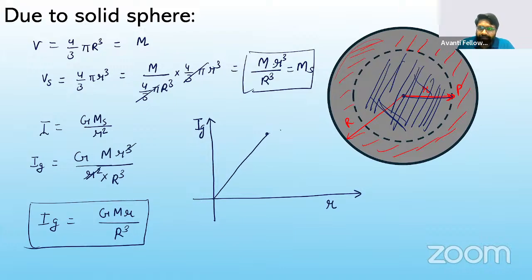And then when we consider a point outside the surface, it will behave like a point mass, and Ig is given as GM upon r square, which means Ig varies according to 1 by r square. When the point lies outside, the variation would be like this. Okay. Clear है?